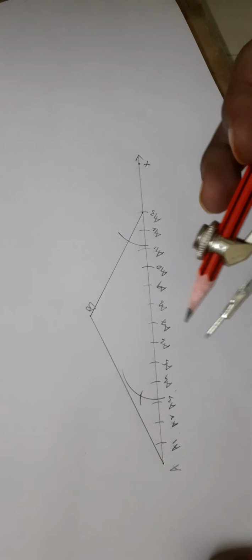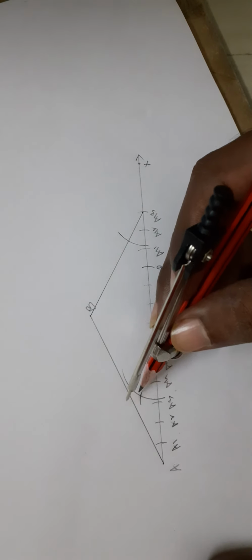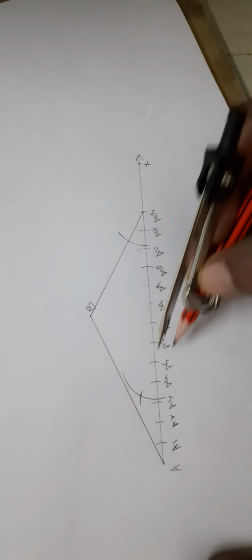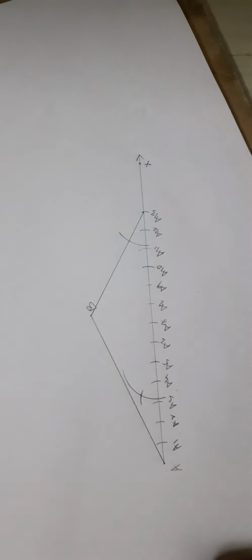Now draw a line passing through this intersecting point and this A5. Draw a line like this that intersects this AB somewhere here. Okay. Now I am drawing.